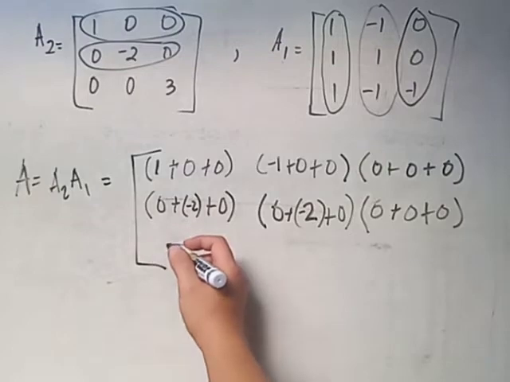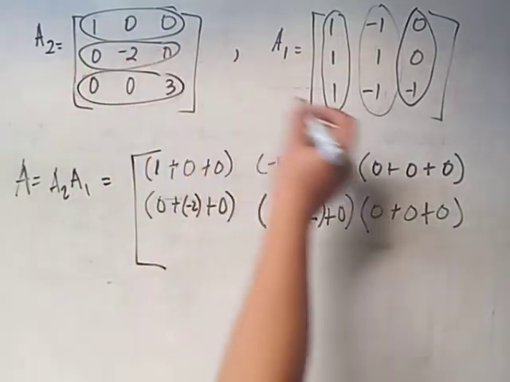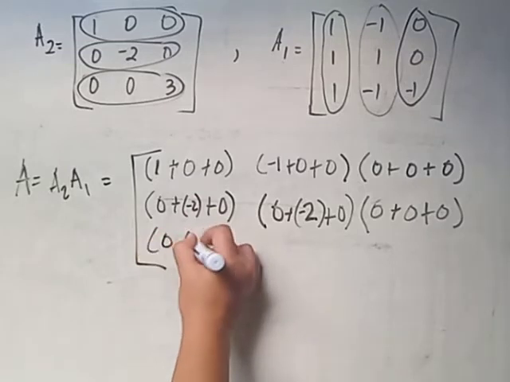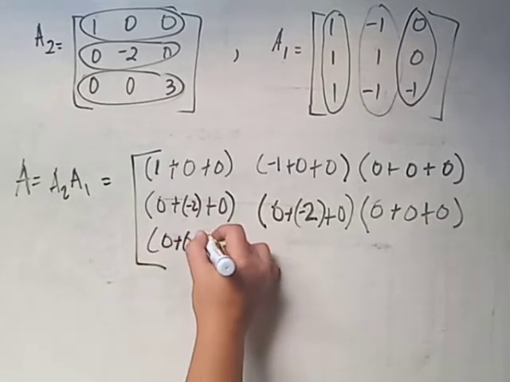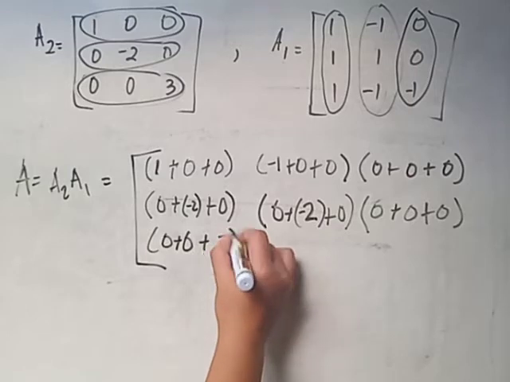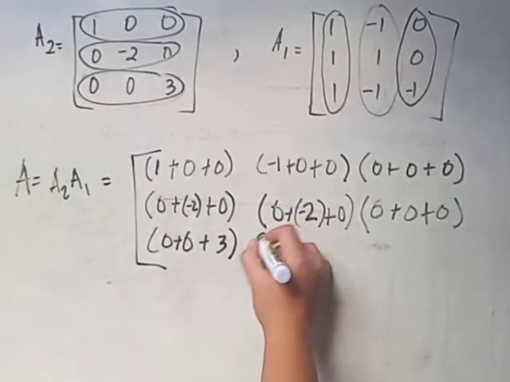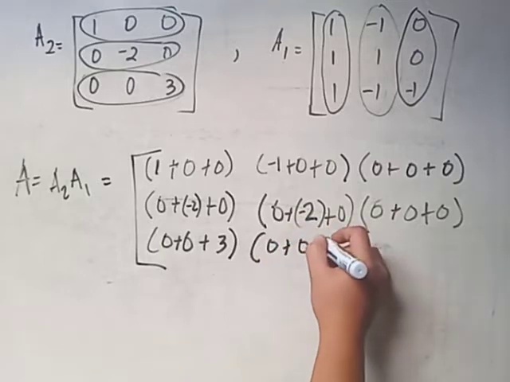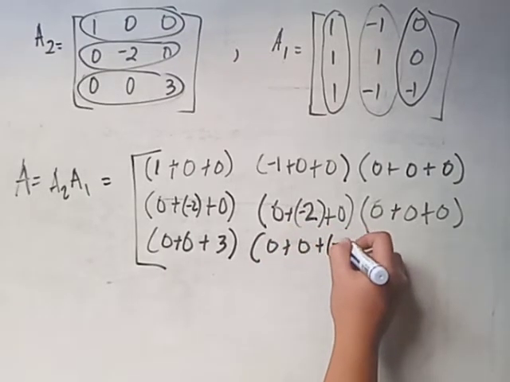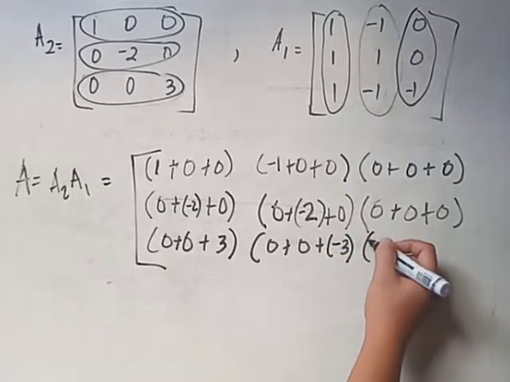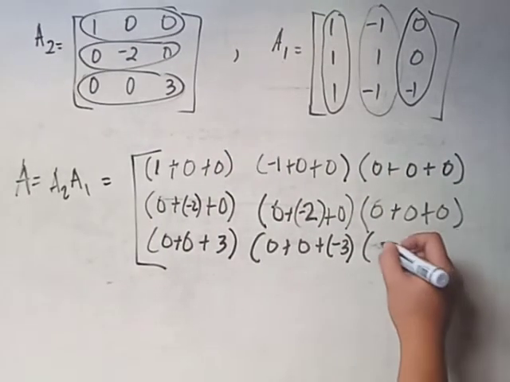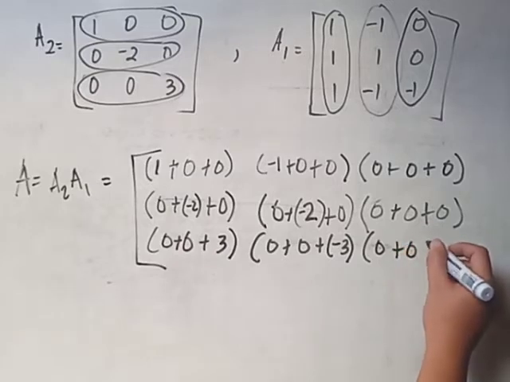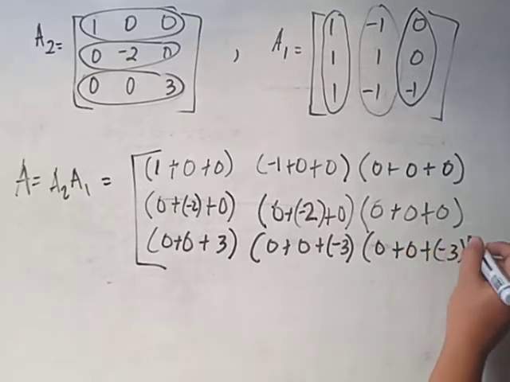And then the third row will be multiplied to the first column, so that's 0, 0, and 3. The third row times the second column, so that's 0 plus 0 plus negative 3. And third row by third column, 0 plus 0 plus negative 3.